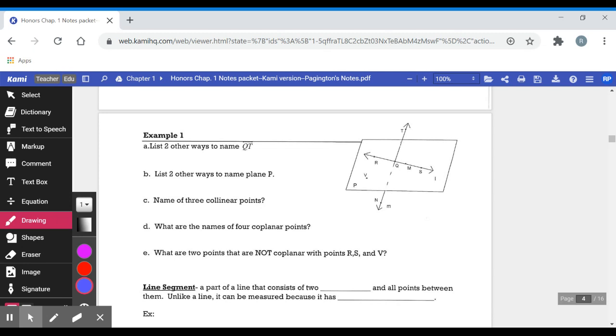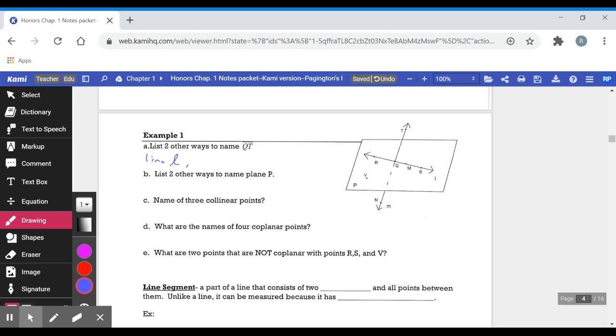Okay, so hopefully you tried these on your own already. If it says list 2 other ways to name line QT, you can see this line. Remember we said that you can name a line by the lowercase letter off to the side, and that's an L. So you could name it line L. Or we said you can name it by any 2 points on that line.